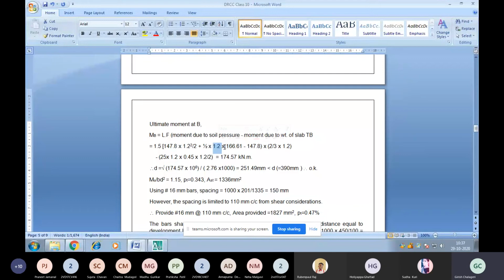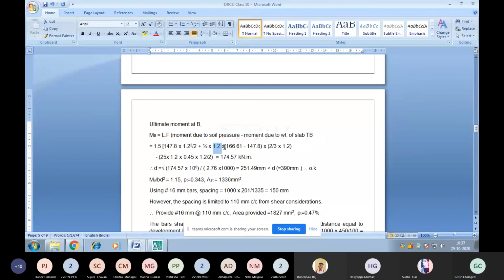So from SP16 Table 2, what is given here? Mu by B D square is 1.15 for Fe415 steel. We can check here for Mu by B D square, that is 1.15.